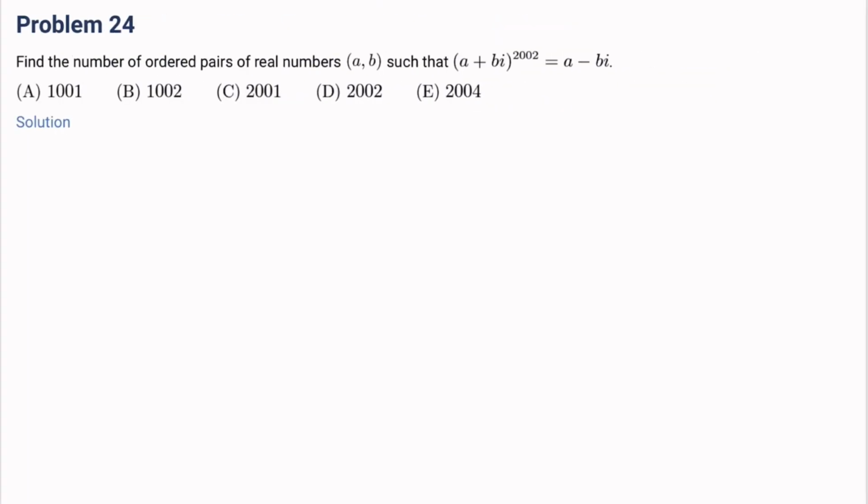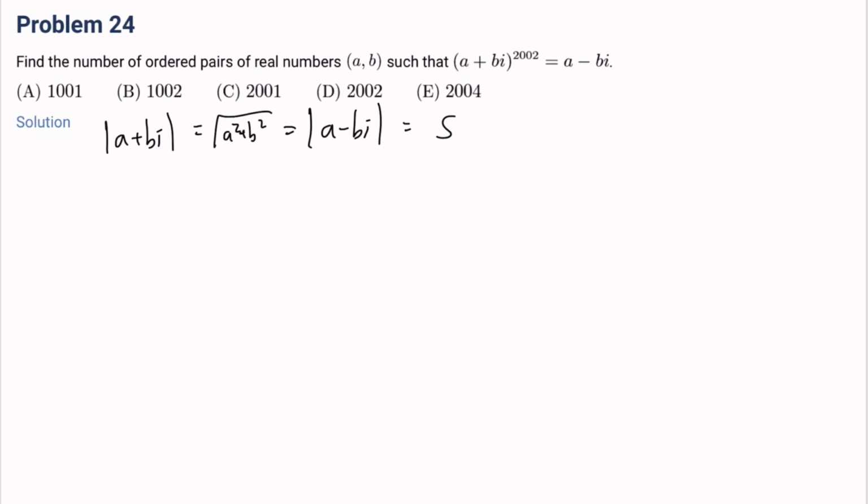Number 24, find the number of ordered pairs of real numbers a comma b such that a plus bi to the 2002nd power equals a minus bi. Okay, so first let's say that the magnitude of a plus bi will be s, right? And this is just equal to root a squared plus b squared, which is also equal to the magnitude of a minus bi, right? And so let's say that this is all equal to s.